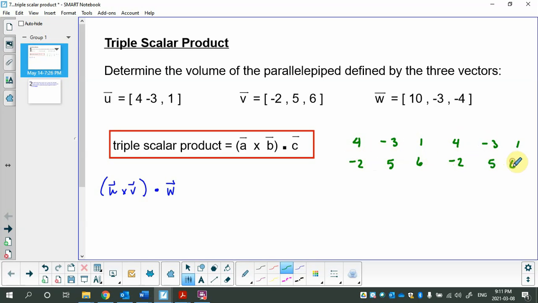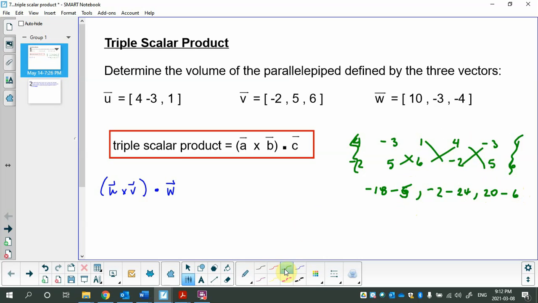Now once you get really good at this stuff, you don't have to repeat, scribble, scribble. You can shorten this if you like. I find that dangerous. And I'm going to do my scribbling also over here. So negative 18 minus 5, negative 2 minus 24, 20 minus 6.